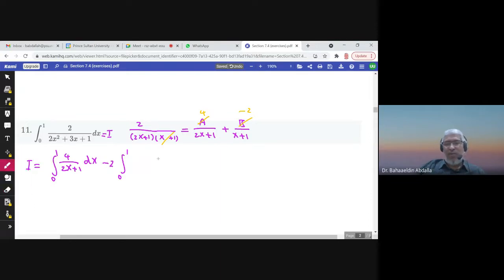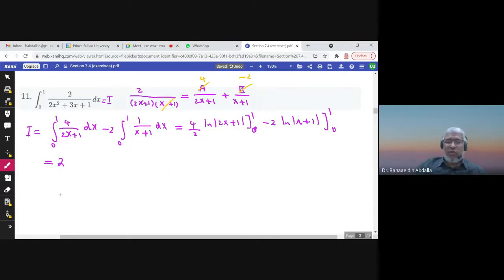It's okay. 1 over x plus 1 dx. So 4 ln 2x plus 1 over 2, the derivative of 2x plus 1, from 0 to 1, minus 2 ln x plus 1 from 0 to 1.